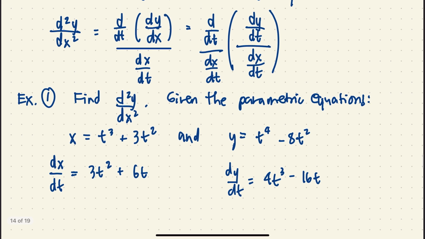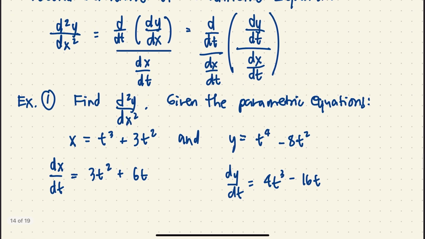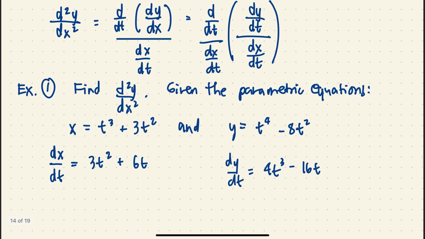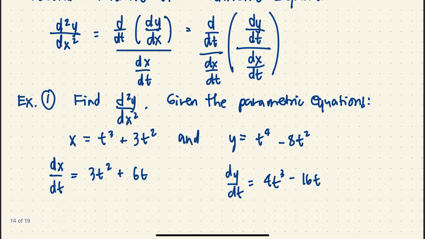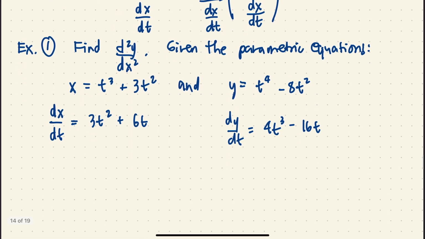So we'll have dy over dx. It will be 4t cubed minus 16t all over 3t squared plus 6t.